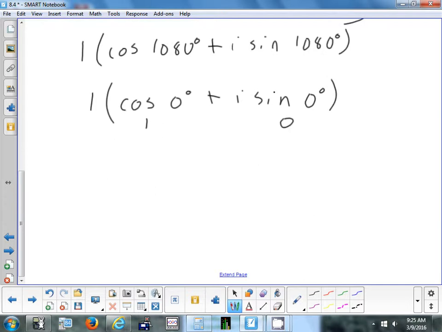So I times 0, what happens to that part? That's gone. We have 1 times 1. So 1 times 1? 1. Okay, so again, anytime your answer here is a 0, 90, 180, or 270, they're probably going to change to standard form because you get a nice answer.